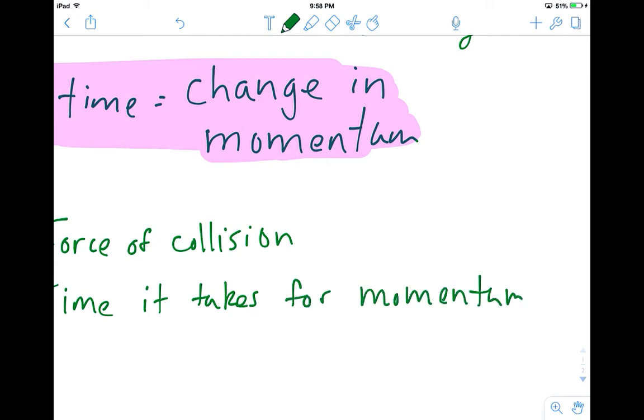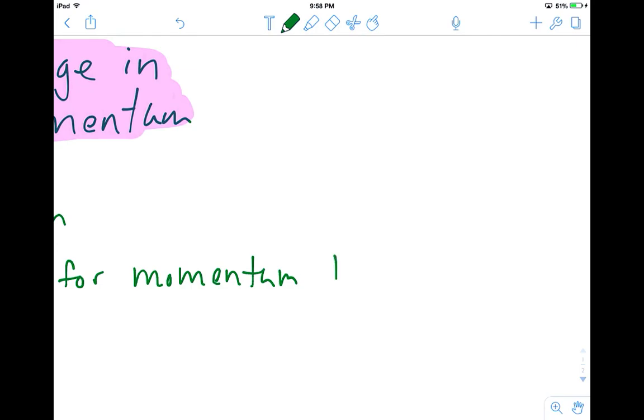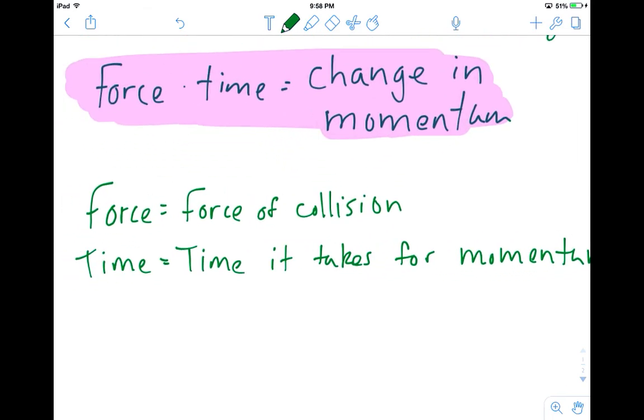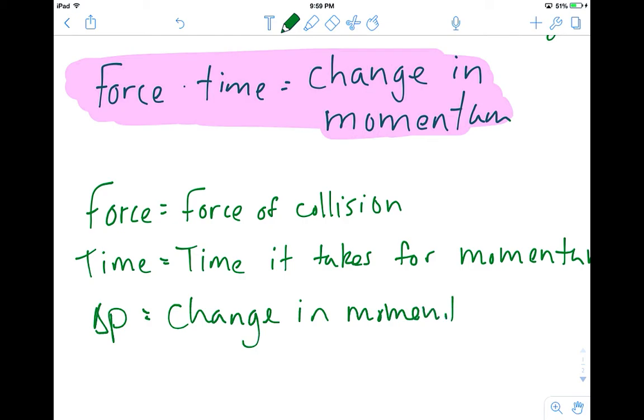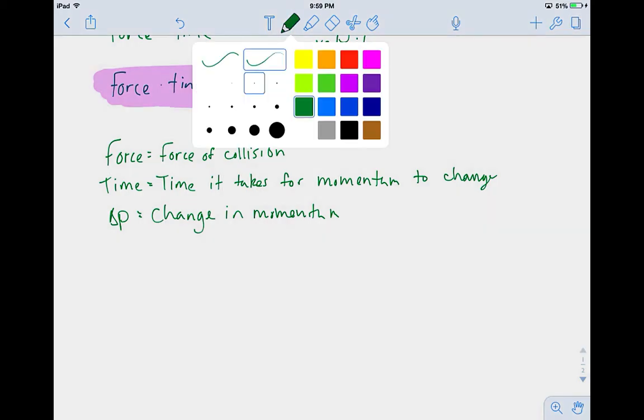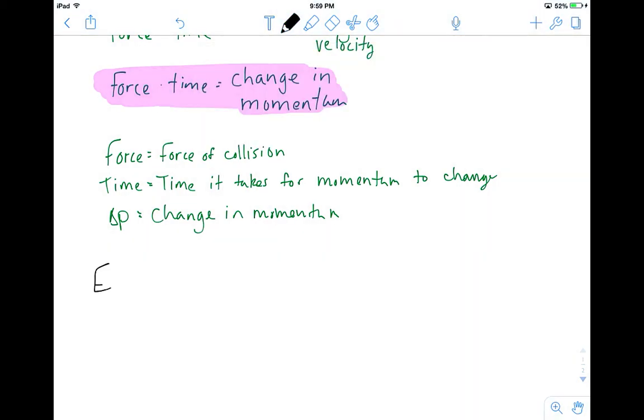I'm going to explain that in a second. And delta P is just change in momentum. Okay, so we've all got this. Now let's think about an example. This has all been confusing so far, but it will all make sense with my example.